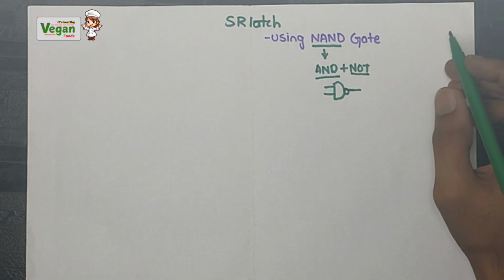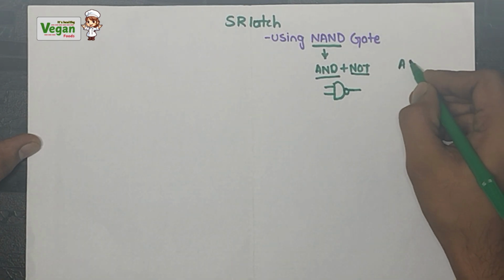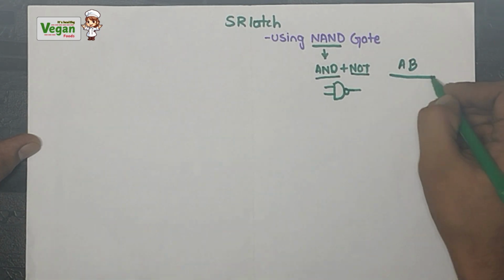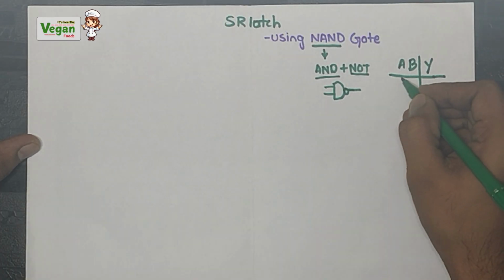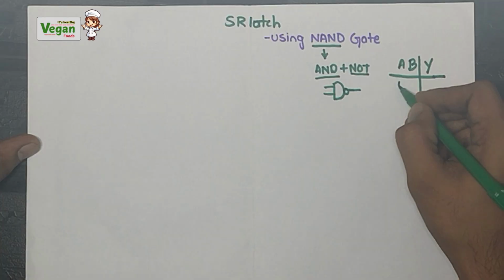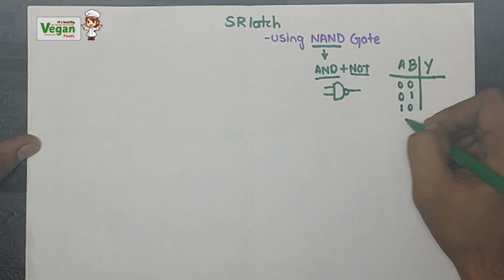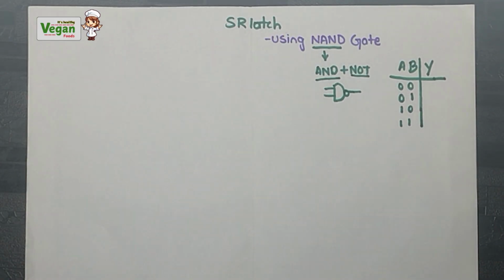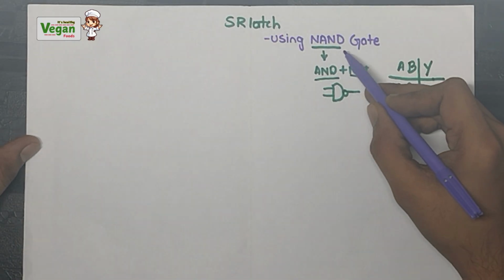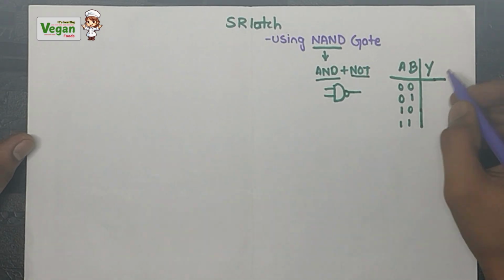Now let's discuss the truth table of the NAND gate. We will have two inputs, let's consider them as A and B, and output as Y. Since there are two inputs, the combinations will be 0 0, 0 1, 1 0 and 1 1. Let's design the AND gate first and then complement the value, and we will get the NAND gate.